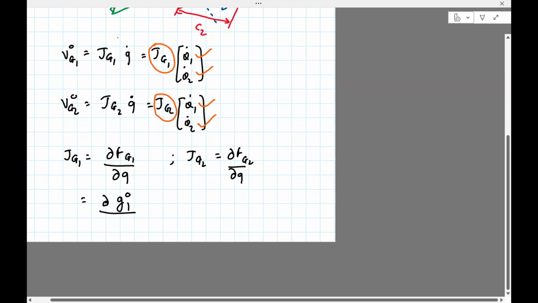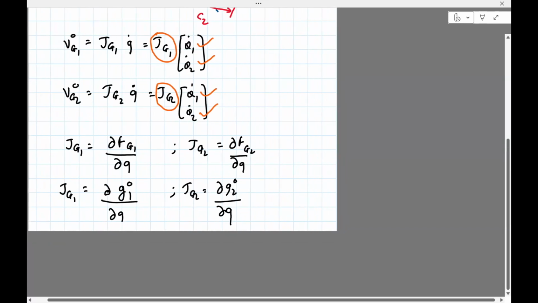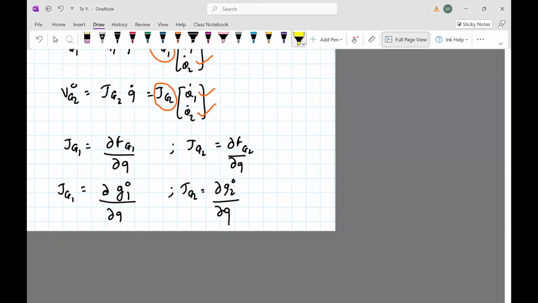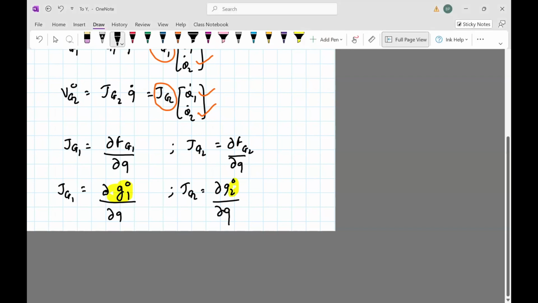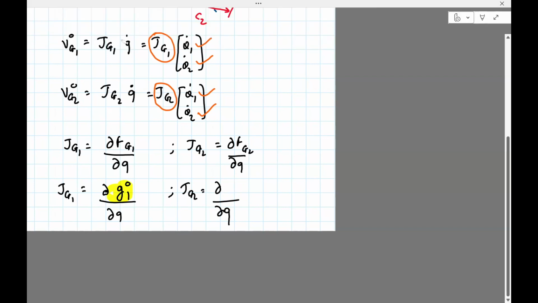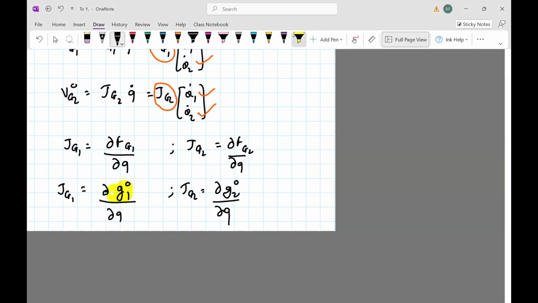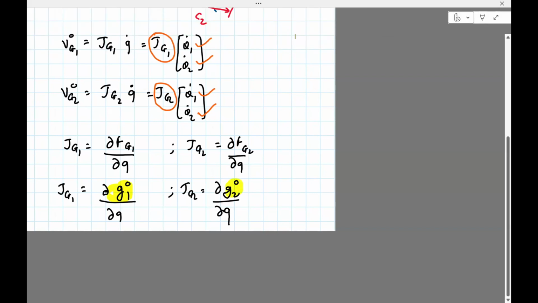That's just basically the forward kinematics, d by dq. And then Jg2 would be the derivative of g2 in frame 0, d by dq. Okay, so all I need is this thing. This is g2. Okay, so we sort of know how to do that.